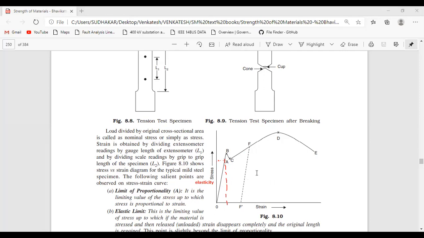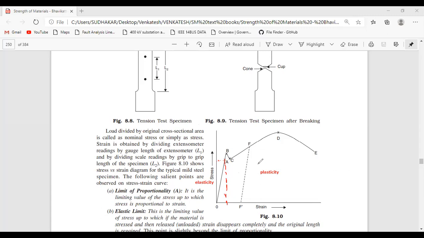Up to the proportional limit, when I remove the load, the material will regain its original shape. The property up to which this happens is called elasticity.